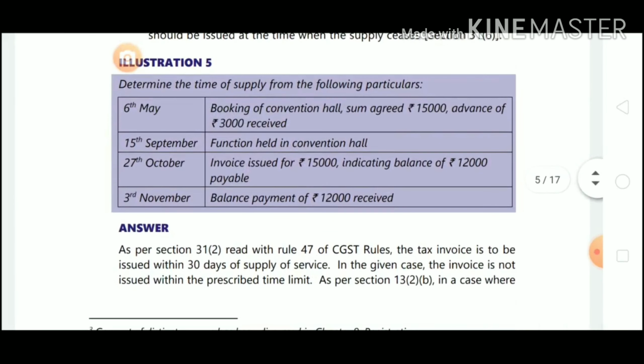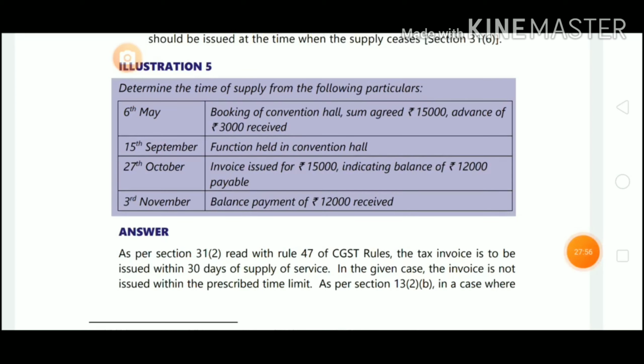Determine the time of supply from the following particulars. 6th May, booking of convention hall, sum agreed rupees 15,000, advance of 3,000 received. 15th September, function held in the convention hall. 27th October, invoice issued for rupees 15,000, indicating balance of rupees 12,000 payable. 3rd November, balance payment of rupees 12,000 received.